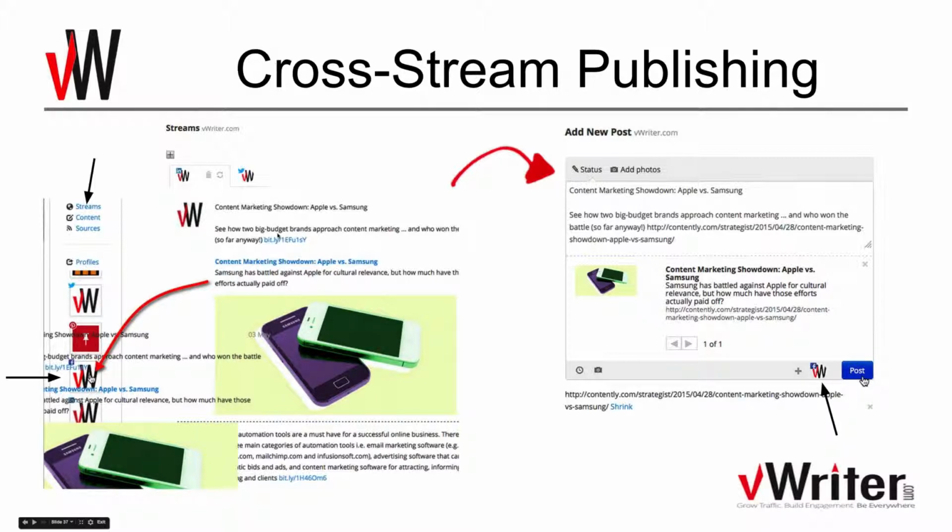So again, you can drag and drop. Again, you would just press down with the mouse on top of the content item and drag it across to a particular profile. Again, I've used the vWriter Facebook here, so dragged it across, dropped it on there, and again it just creates the post for me in exactly the same way as we did before.